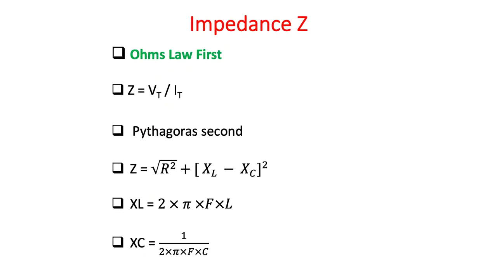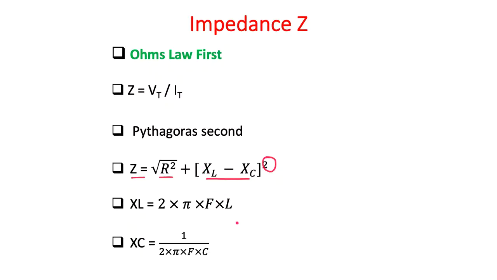So that's to use our Pythagorean equation here of Z equals the square root of R squared plus (XL minus XC) squared. I had a lot of students who squared the XL and the XC and then did the subtraction. No. You must subtract the XL and the XC first.